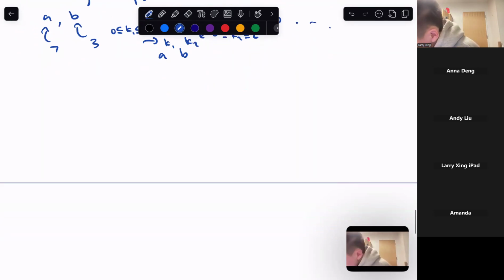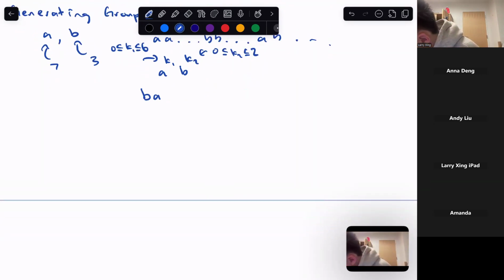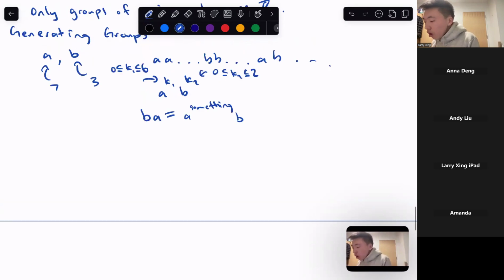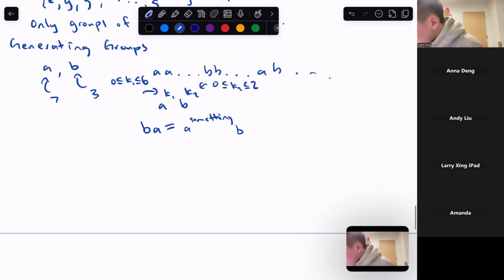So, in fact, if we're able to figure out what ba is as a to the something times b, then we can actually move all the b's that are before a's, after them. And so for example, if we had b, b, a, we would be able to move this b beyond this a.